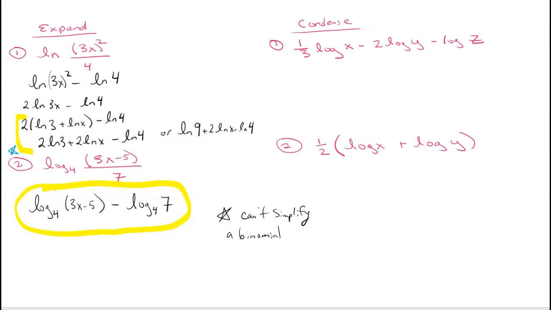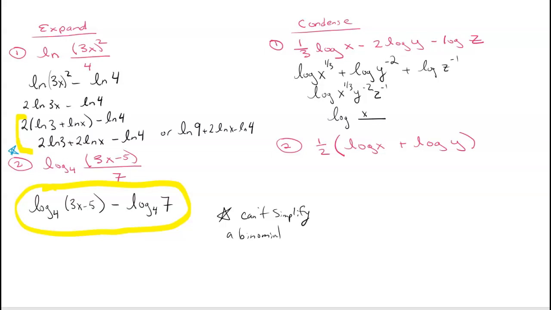All right, let's try condensing. So I'm going to bring all of the exponents up. So this becomes log x of 1/3, and then plus log y of negative 2, and then log z of negative 1. Bring them all together. Okay, and then we have to get rid of our negative exponents.